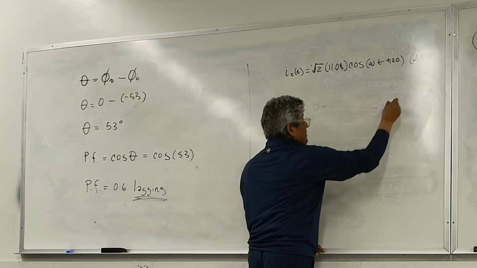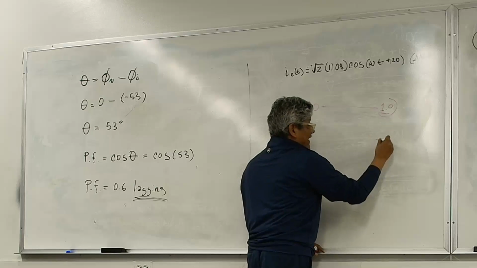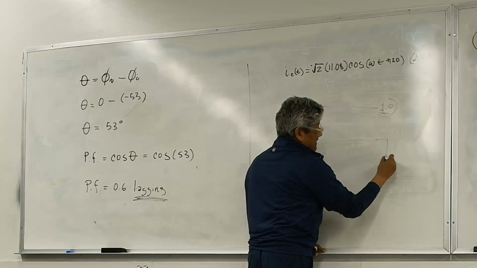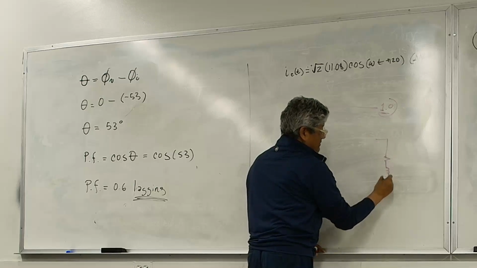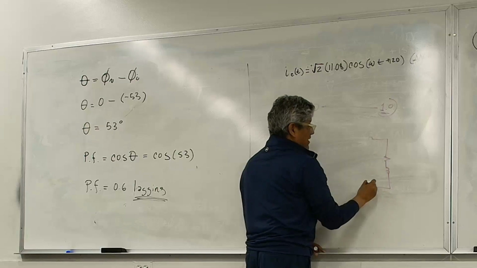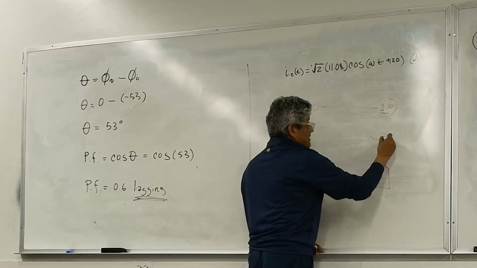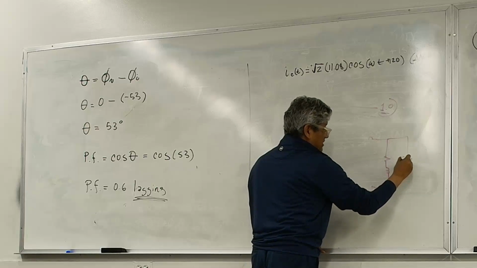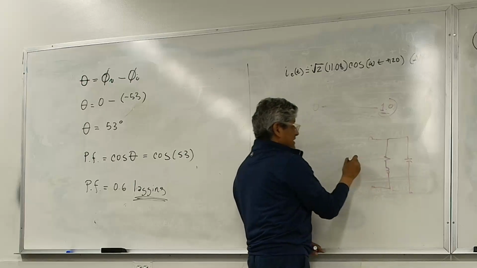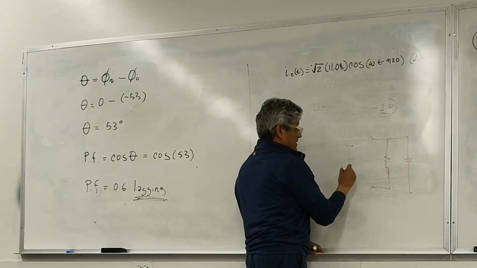Whatever system of load I have, say the load looks like this, and say the power factor is 1. That means that I have a capacitor here. And I see the power factor from the source.